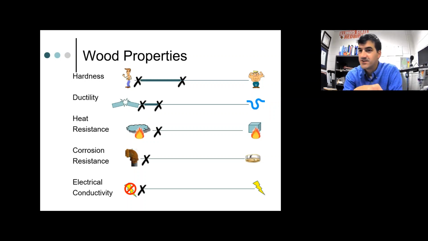So, no, wood is not going to corrode, but it will rot. And so rotting for wood is analogous to a metal corroding. So I'm going to say that the corrosion resistance, or the ability for it to stand out in the elements for a long period of time, is fairly low for most woods. And like we said, it has very low electrical conductivity.